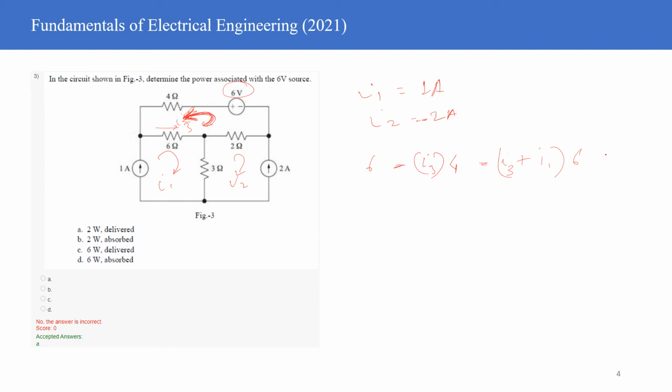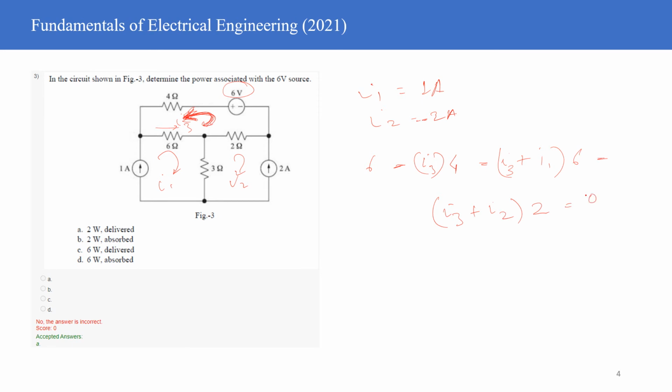You are right, go forward. So it will be 2I3, I3, minus. This I2 current is also in the same direction, right? So I2 into 2, and you return back to the same point, so it is equal to 0.